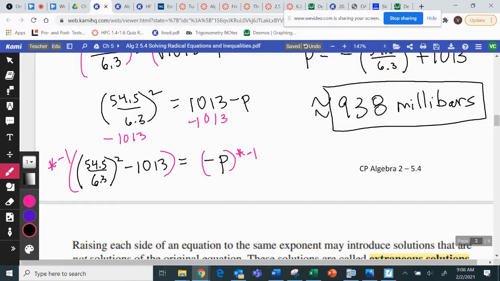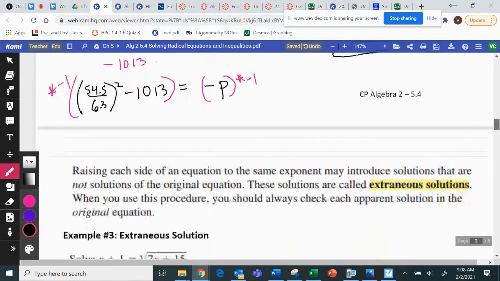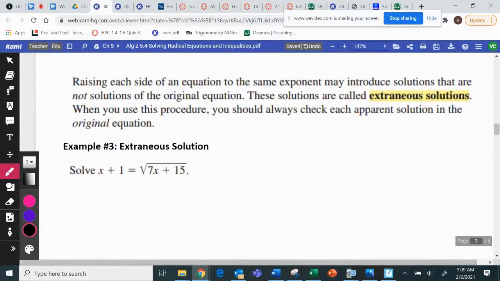So I copied it from the words, from the text. All right, we got one last little thing to do. Remember how we were checking? The reason why we're checking is occasionally raising each side of an equation to the same exponent may introduce solutions that are not solutions of the original equation.